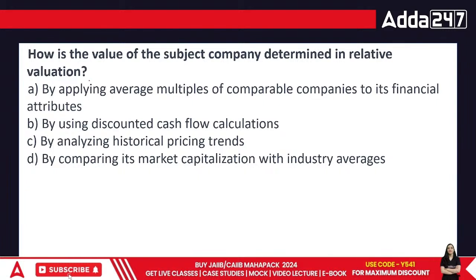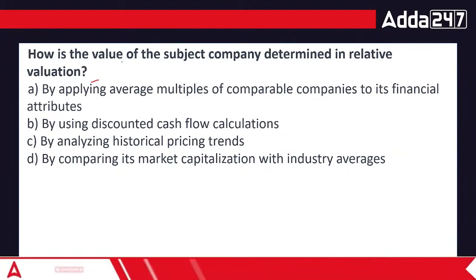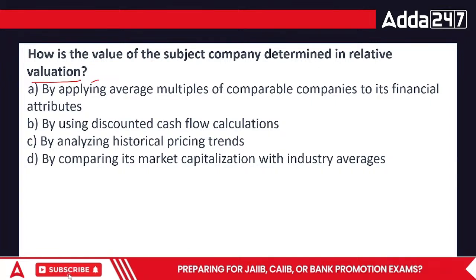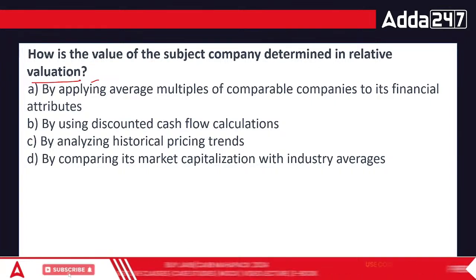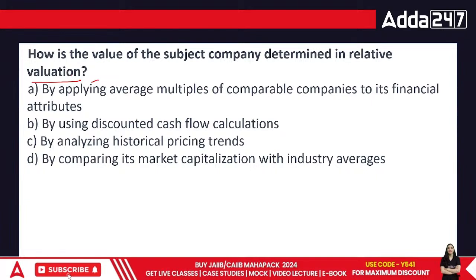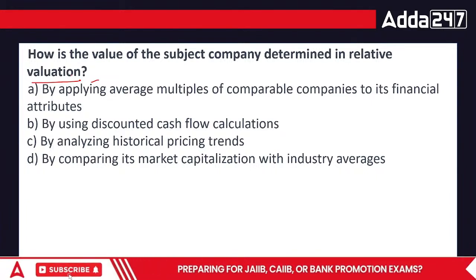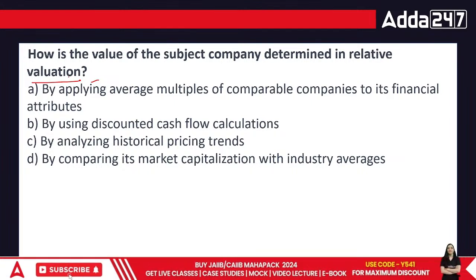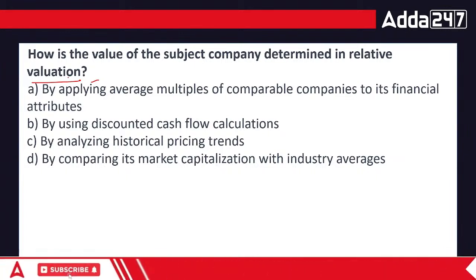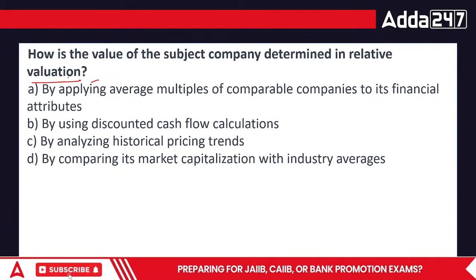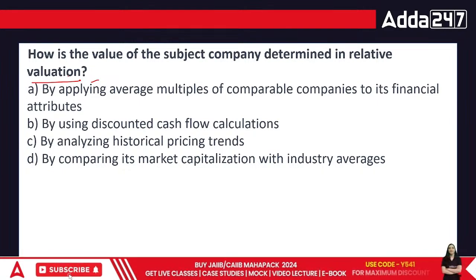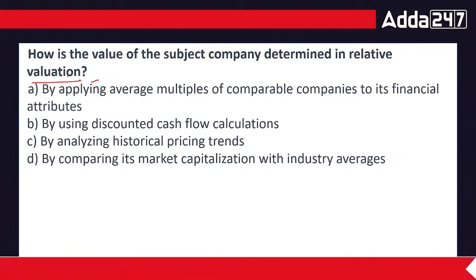How is the value of a subject company determined in the relative valuation? Relative valuation means comparing one company with another, right? That's how we try to find out the value. What's the answer, everyone?